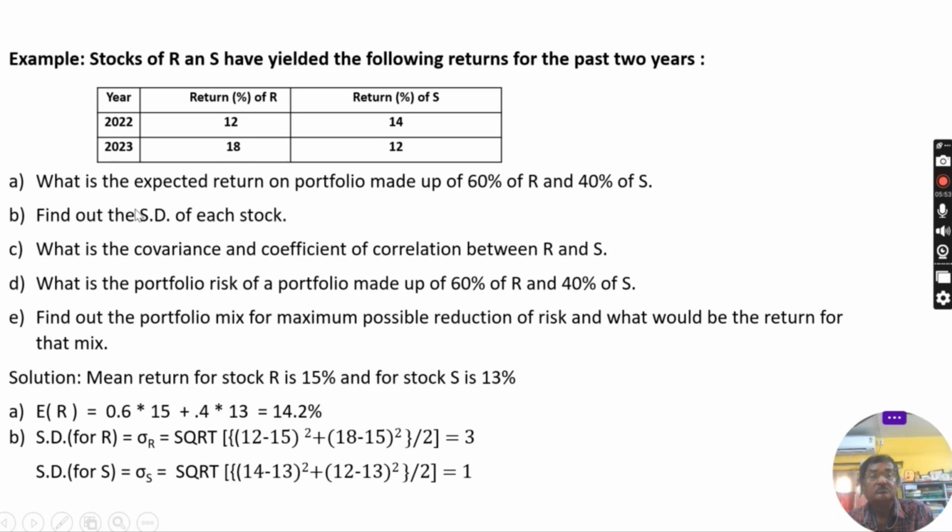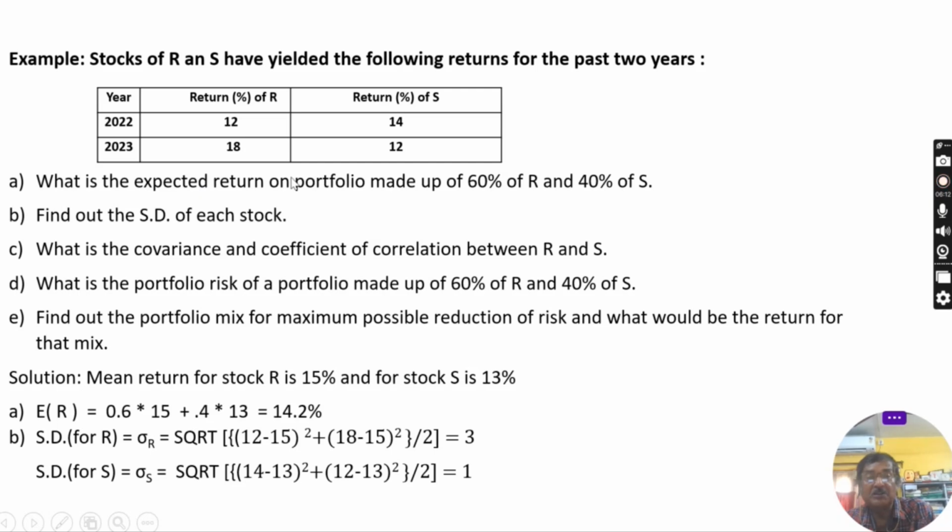What do you have to do? What is the expected return of a portfolio made up by investing 60% of your total money in company R and the remaining 40% in company S?